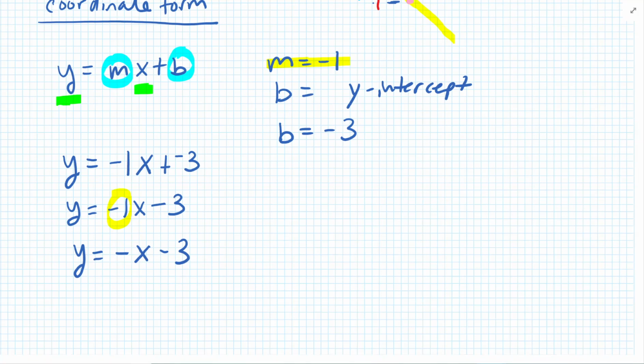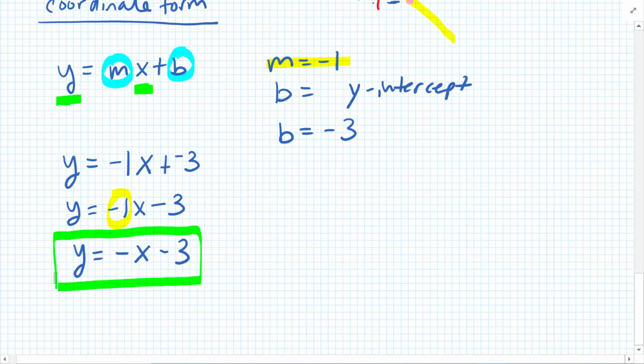So, thanks for your patience. We have now written it in slope intercept form. Why do we call it slope intercept form?